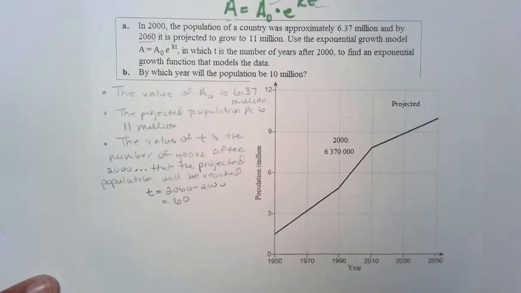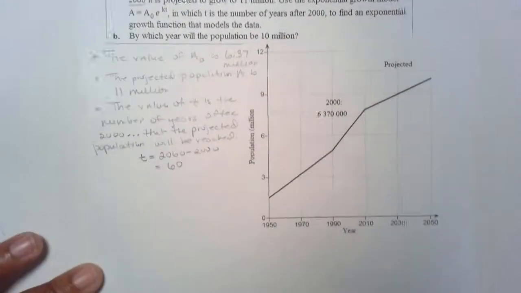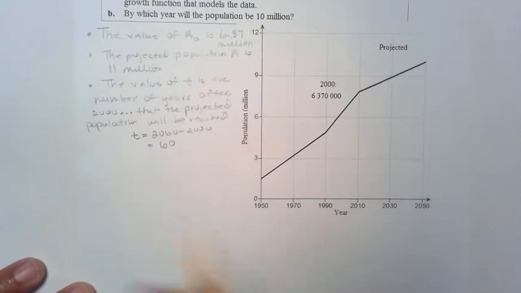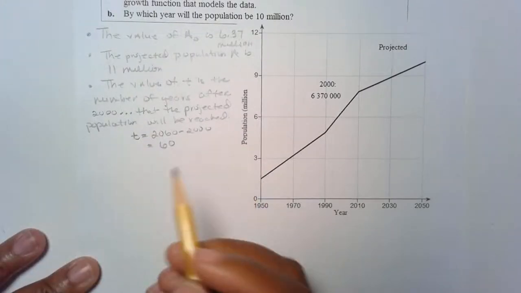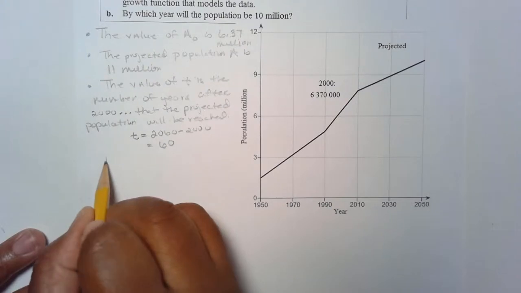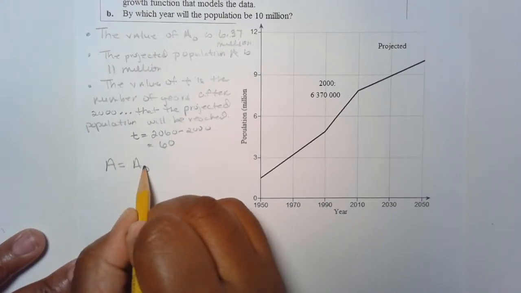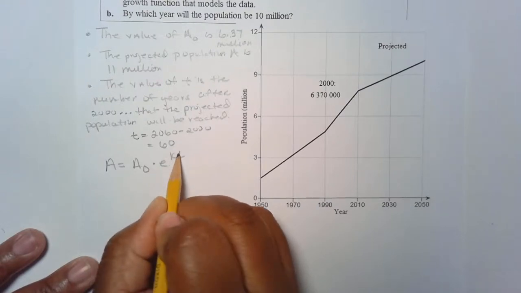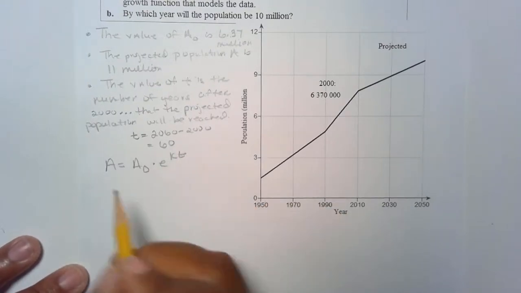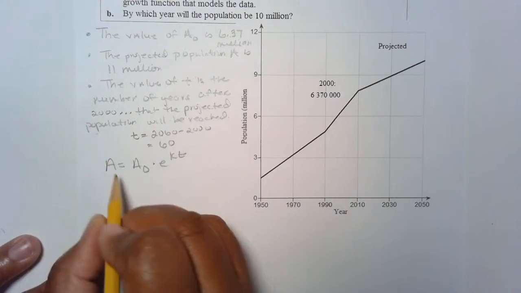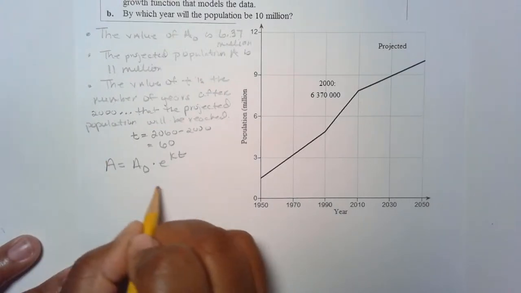Okay, so now we're going to plug in everything that we need, because we're going to create this equation. So we have to find k. Let's go back and write this equation again. A is equal to a sub 0 times e to the k times t. So let's plug in the values that we have for a sub 0 and t.